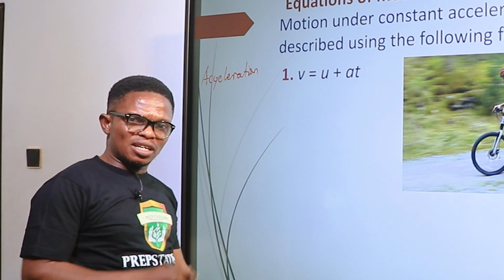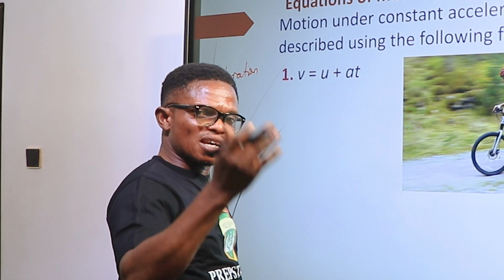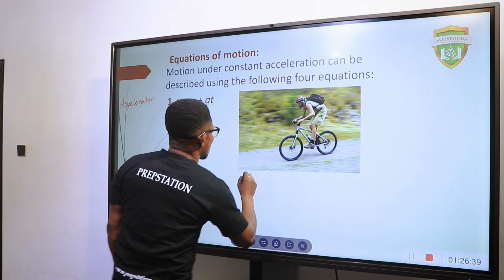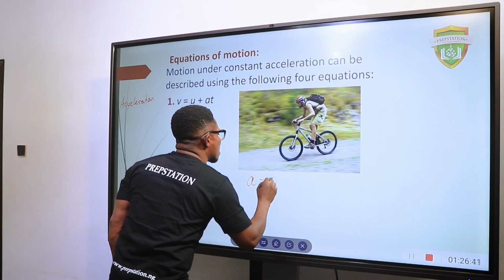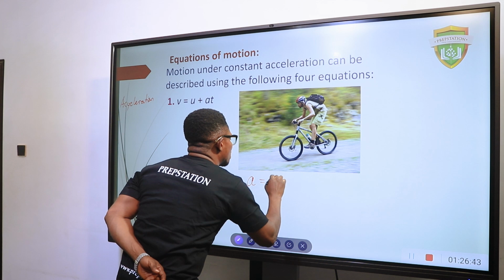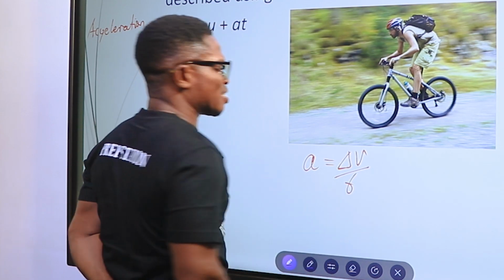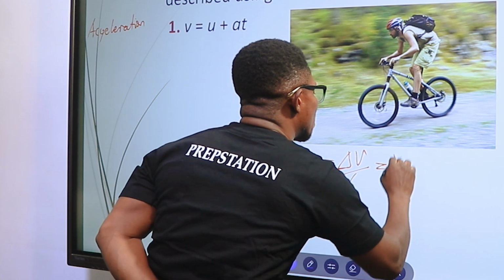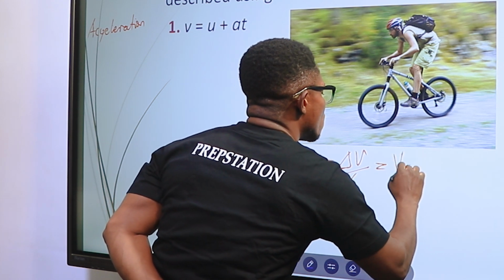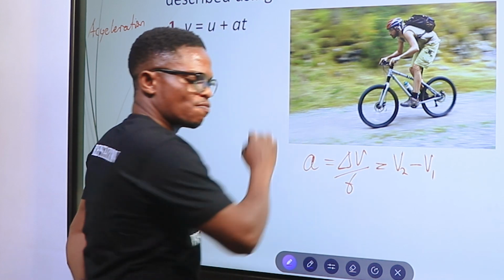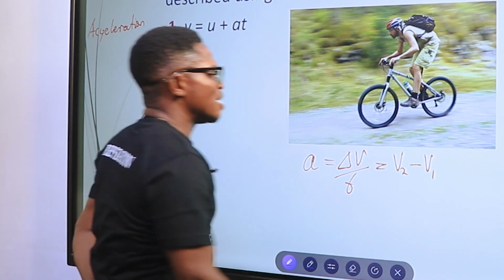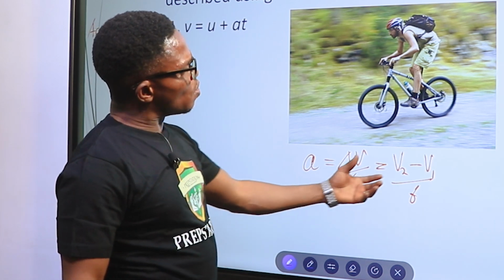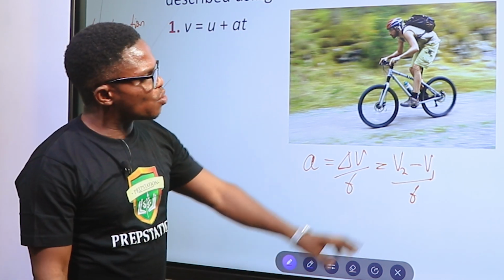Now, what is acceleration? Increase in speed, increase in velocity. Acceleration A is defined as change in velocity over time. To have change in velocity, there must be two velocities in place: final velocity and initial velocity, over t. So you have A is equal to V2 minus V1 over what?